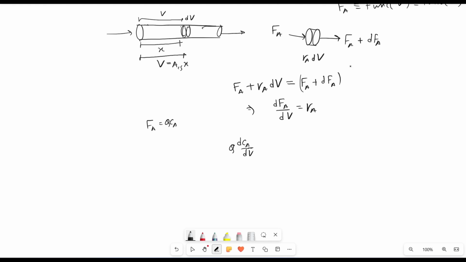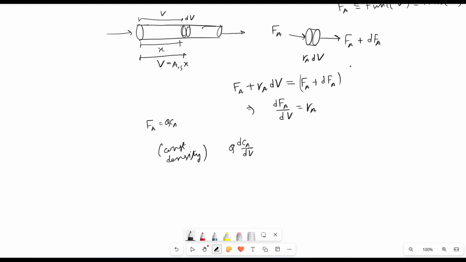If it is a gas phase reaction and the volumetric flow rate is changing along the x direction, then whatever I have written is wrong. You have to differentiate Q also, but for constant density, this is okay.